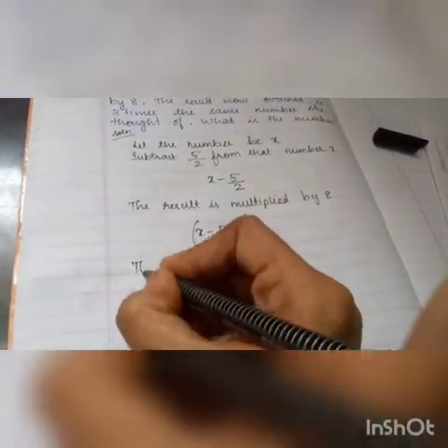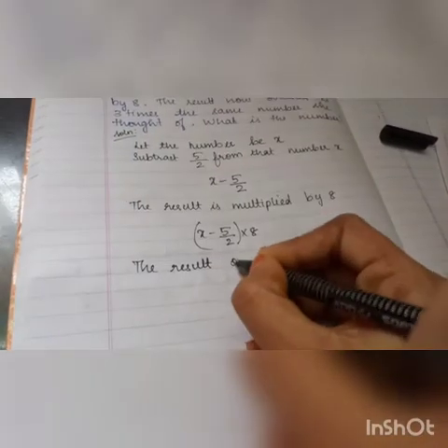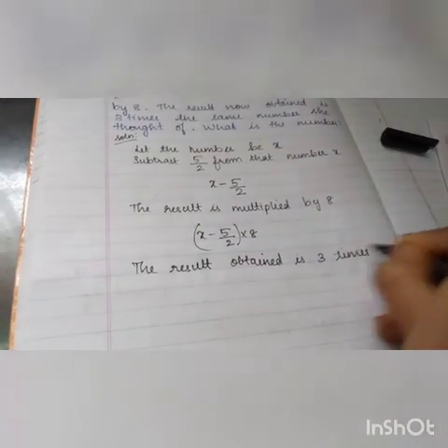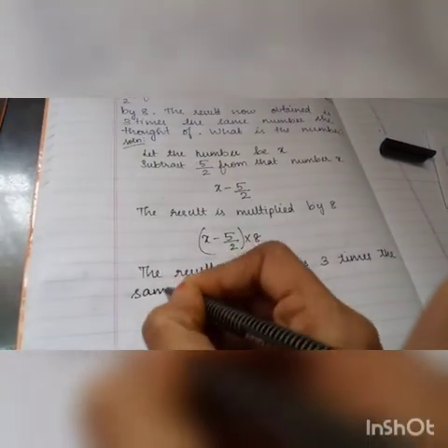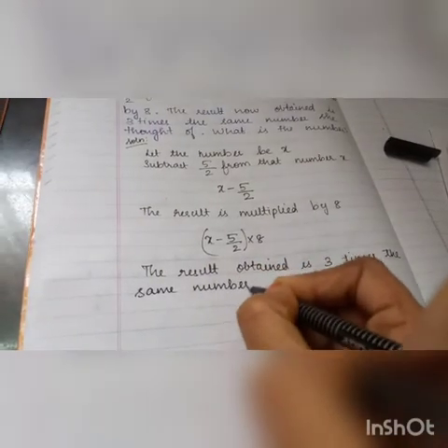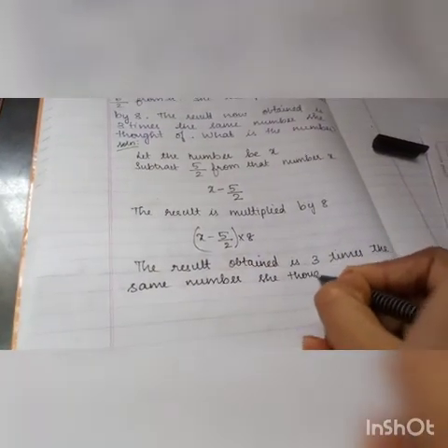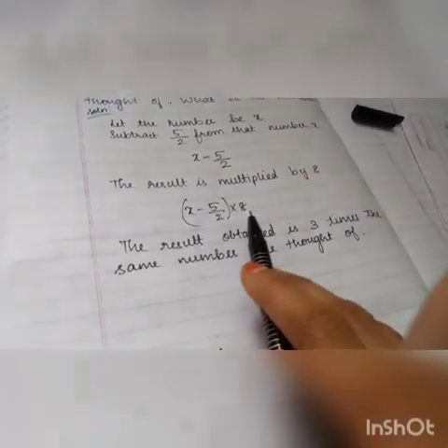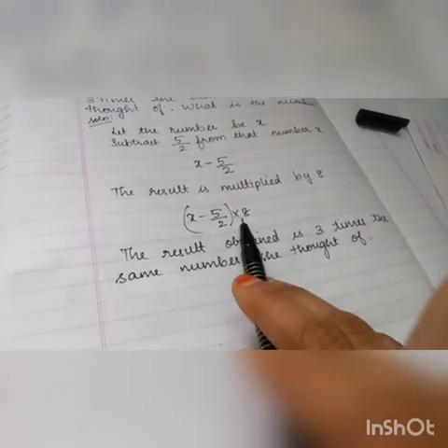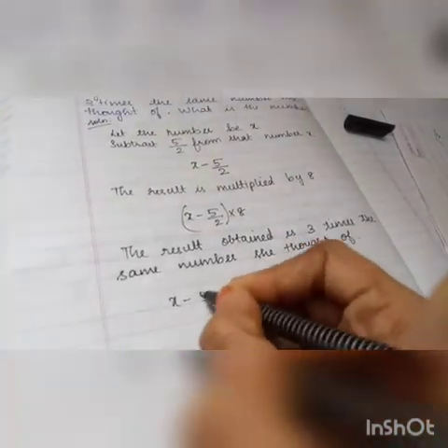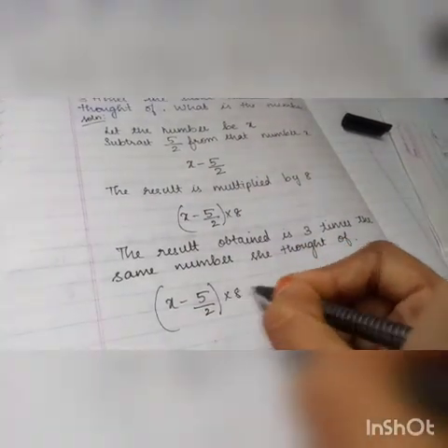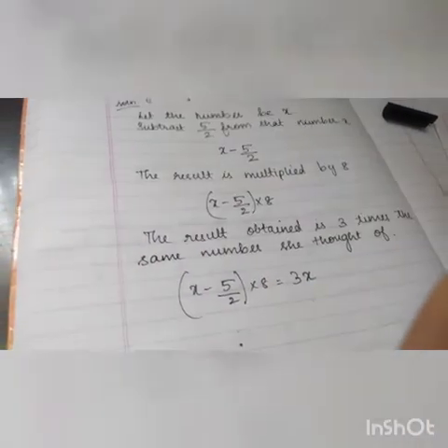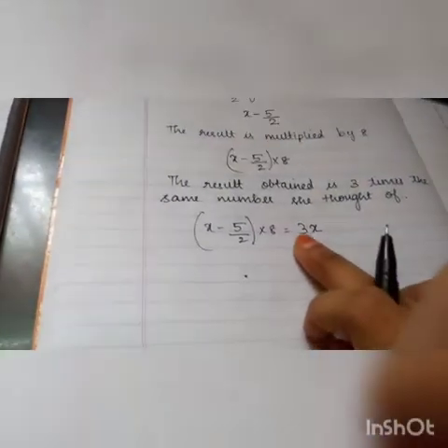So the result we obtained, x minus 5 by 2 into 8, is equal to 3 times the same number. 3 times the same number means 3x.